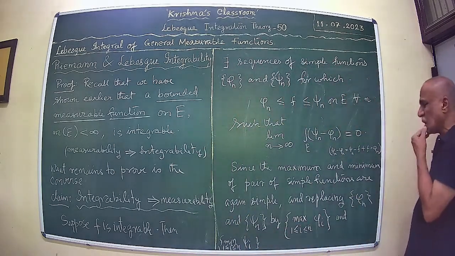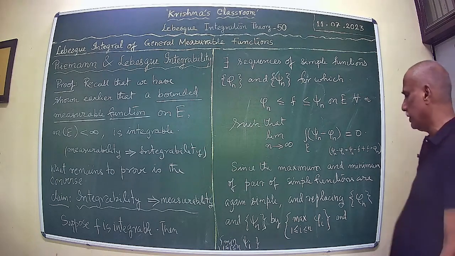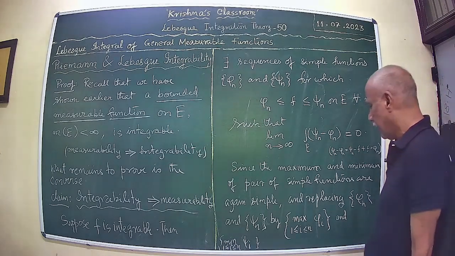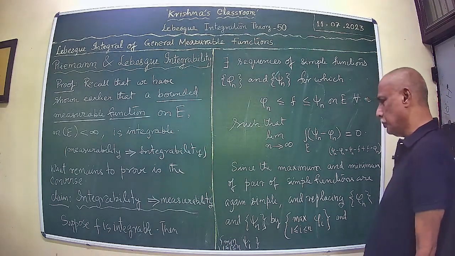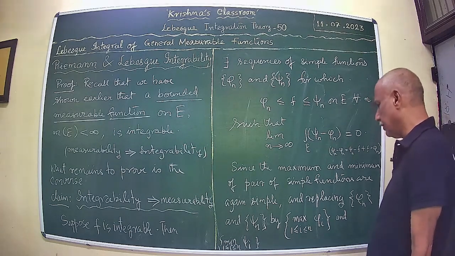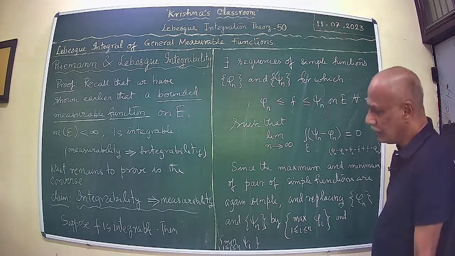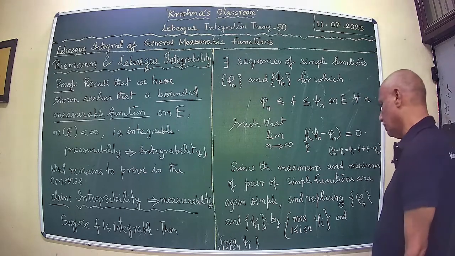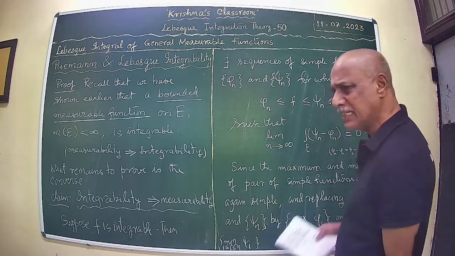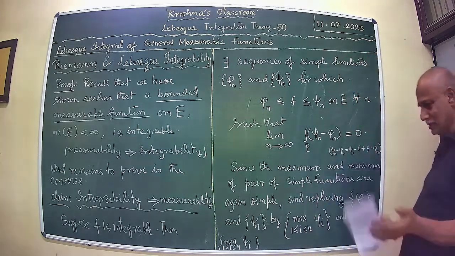So replace, of course, phi 1 you retain as it is, and then phi 2 you replace by the maximum of phi 1 and phi 2. Phi 3 you replace by the maximum of phi 1, phi 2, phi 3, and so on. So you get another sequence.